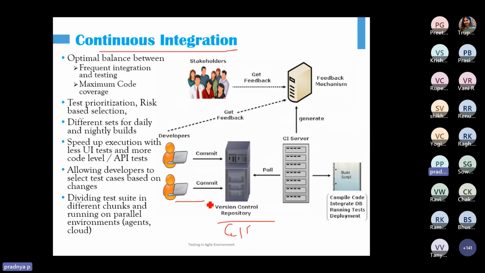Whenever developers commit to the version control, the CI tools like Jenkins will continuously pull the latest commit, the builds will get created, and after every build is created, typically we will be executing our regression test suite.